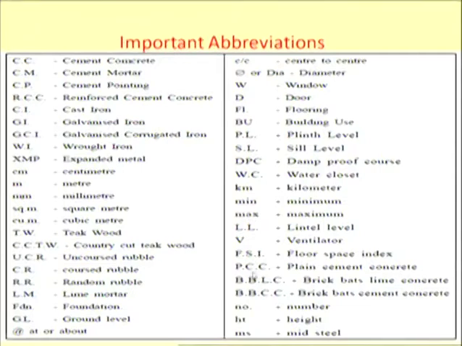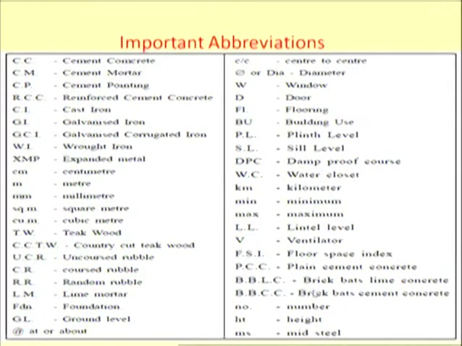Then PCC, plain cement concrete. BBLC, burnt brick lime concrete. BBCC means burnt brick cement concrete. BB means burnt bricks. So bricks are made from clay, and initially they are molded and dried.